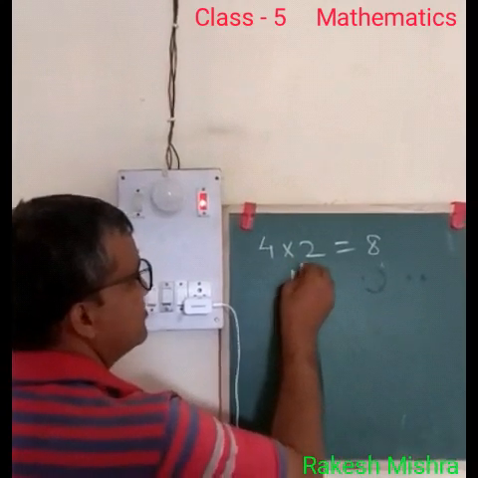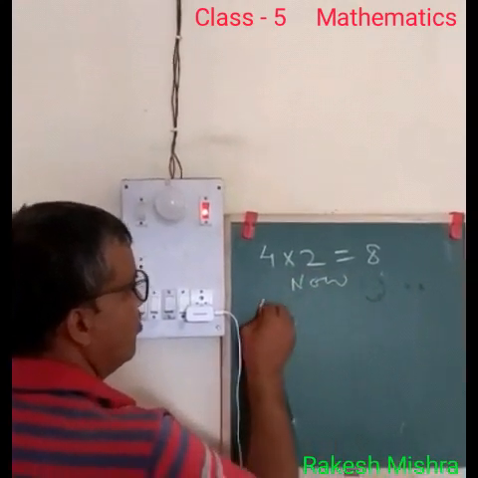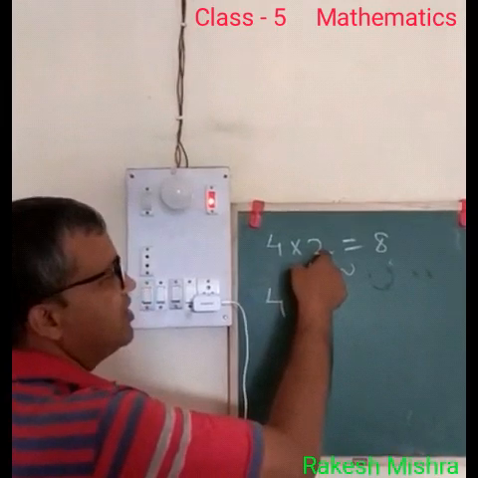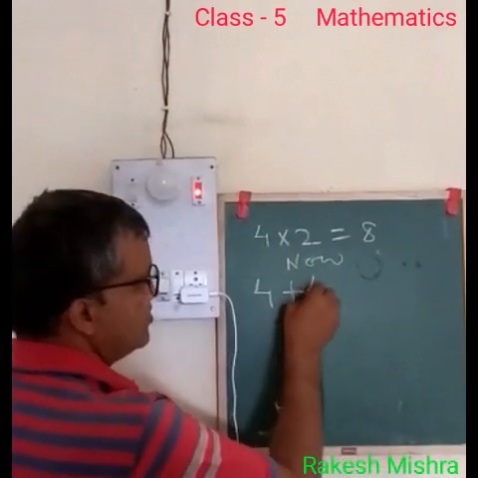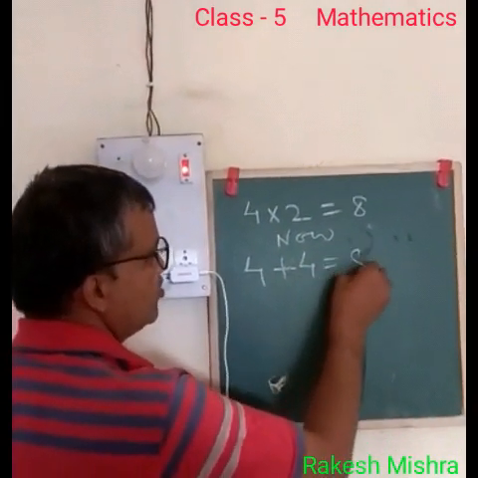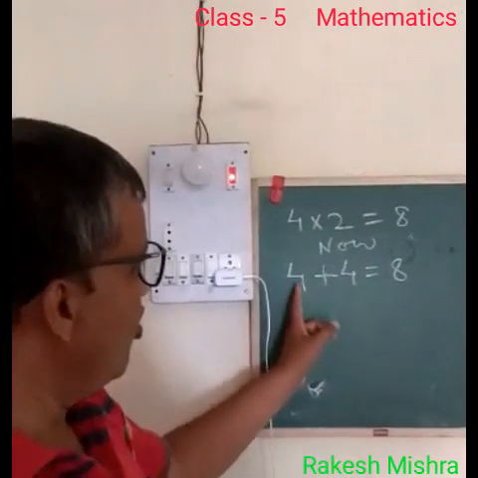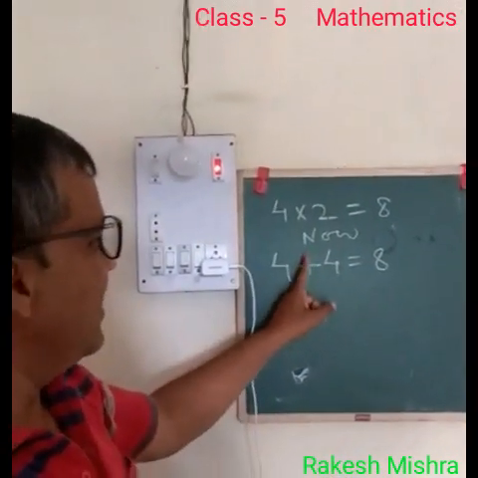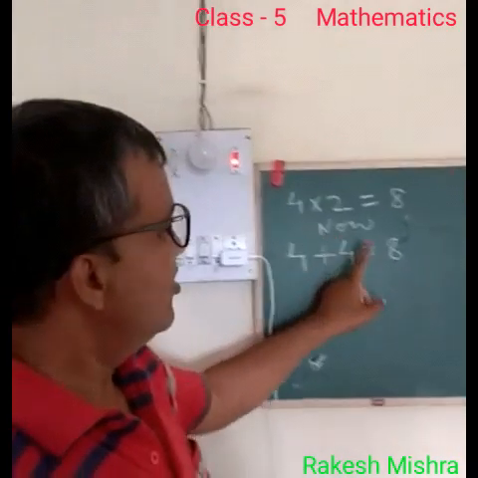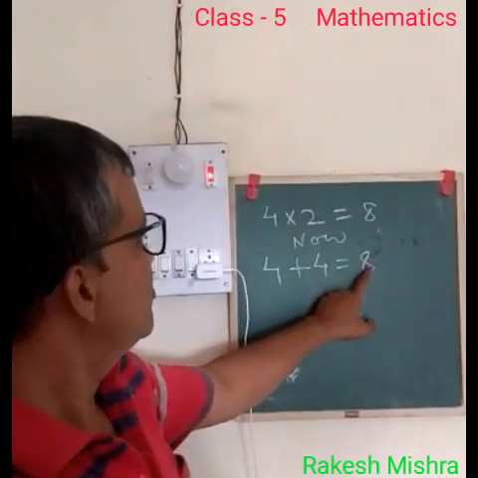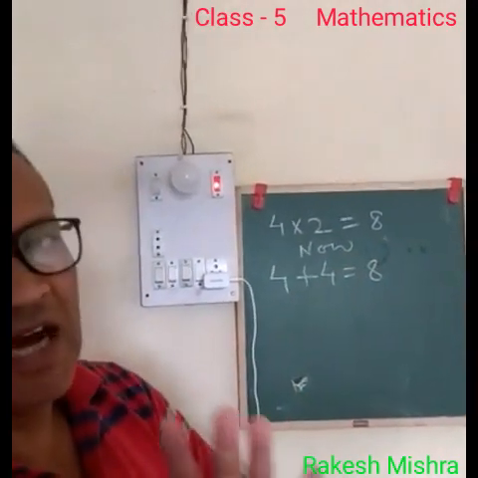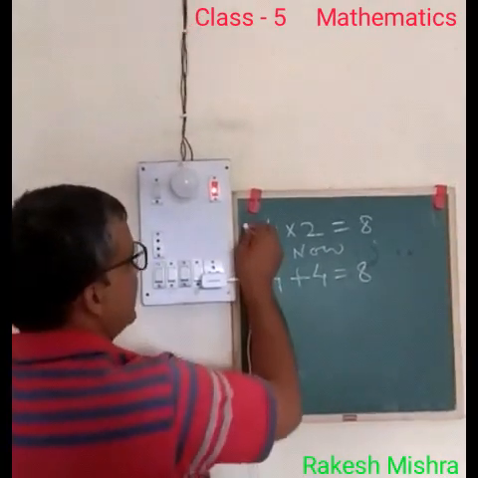Again, 4 into 2 means 4 plus 4 is equal to 8. Here 4 is repeated addition and we will get 8. So multiplication is also called repeated addition.